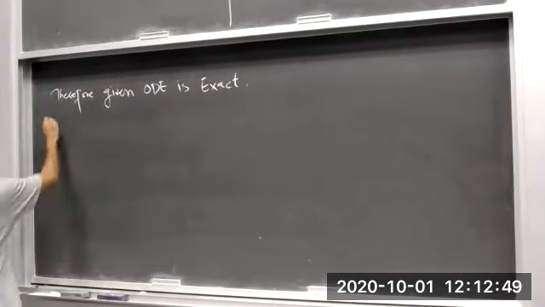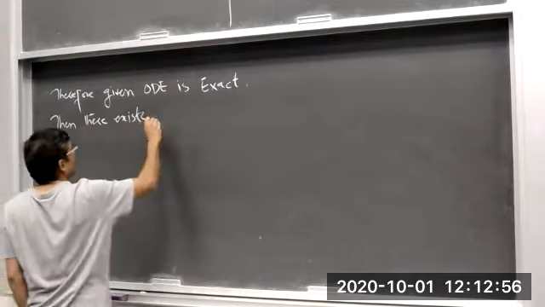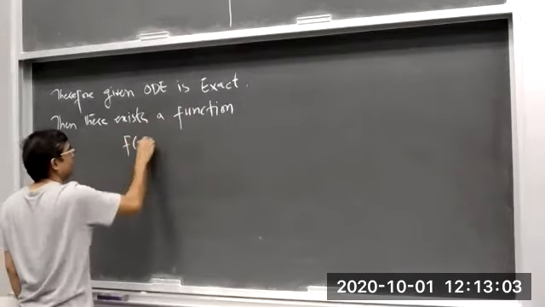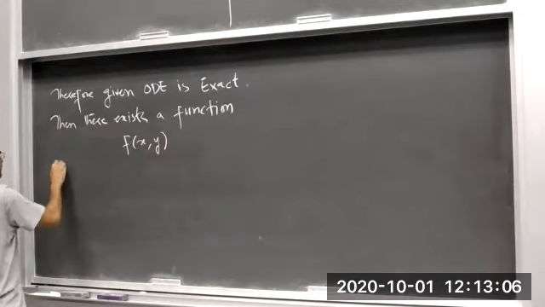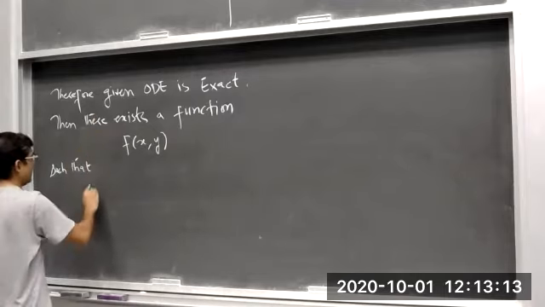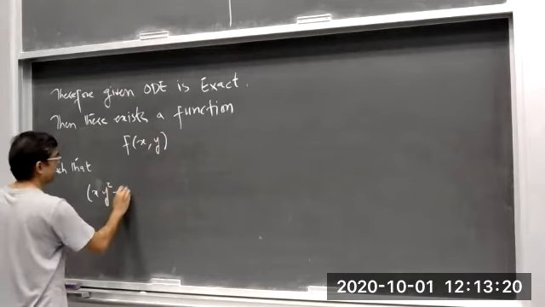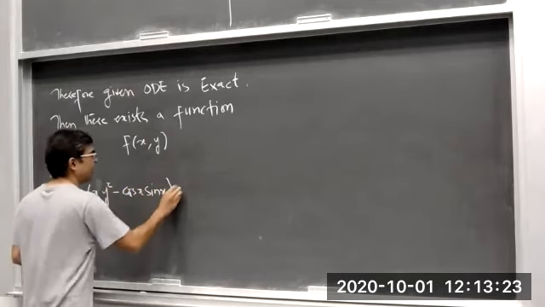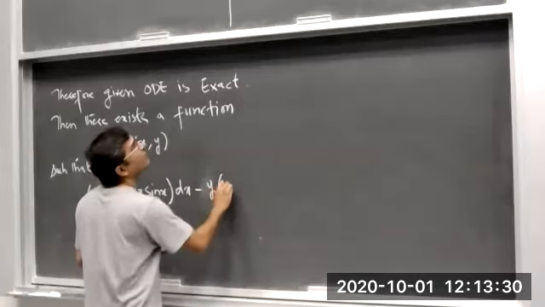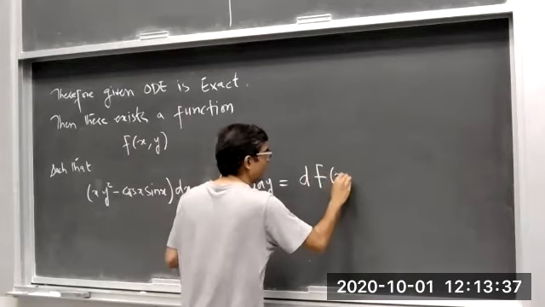If that equation is exact, then there exists a function f(x,y) such that (xy^2 - cos x sin x) dx - y(1 - x^2) dy is equal to the differential of f(x,y).